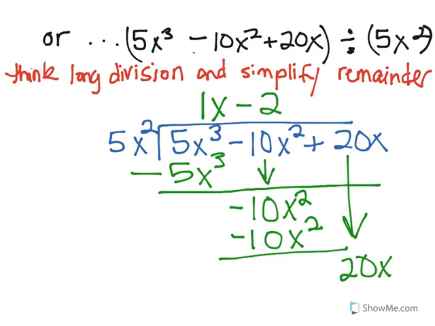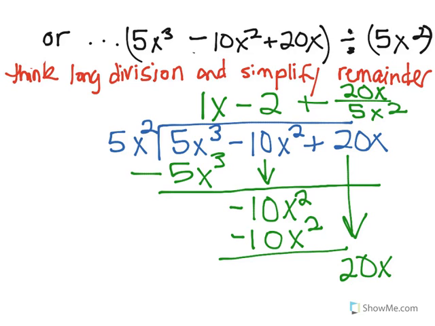Five x squared cannot go into 20x evenly, and it has a lower degree than the divisor, so that becomes our remainder. So we have x minus 2 plus the remainder of 20x over 5x squared.